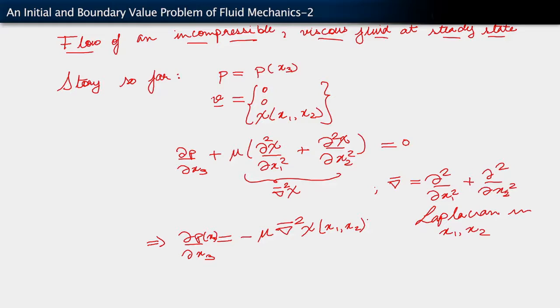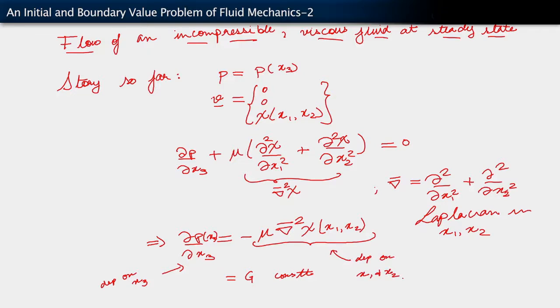The only way this can happen is if each of them is some g which is a constant. And the reason is that this depends on x3 and this depends on x1 and x2 only.